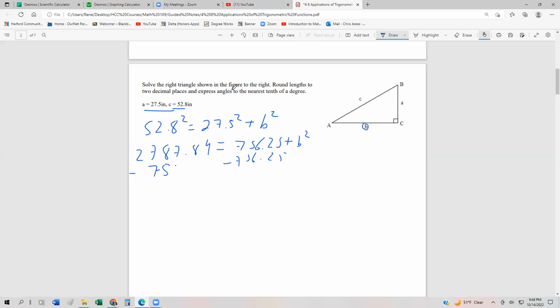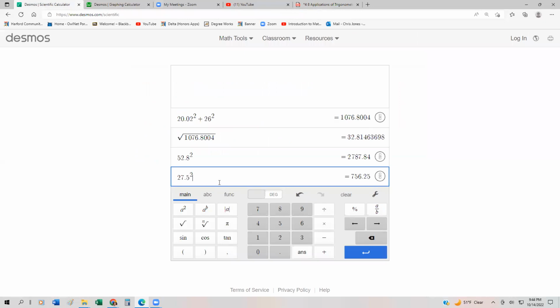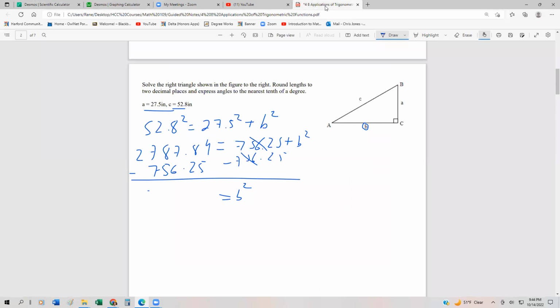So 756.25, we subtract that. We'll be left with b squared on the left side. And then we can just take this 52.8 squared minus that, and that would be 2031.59.